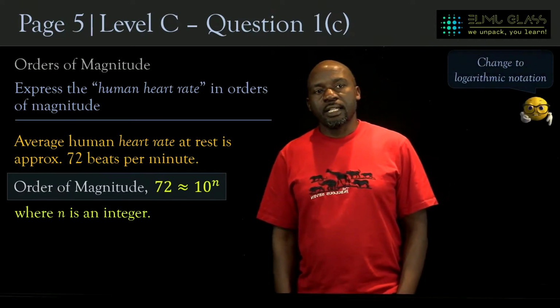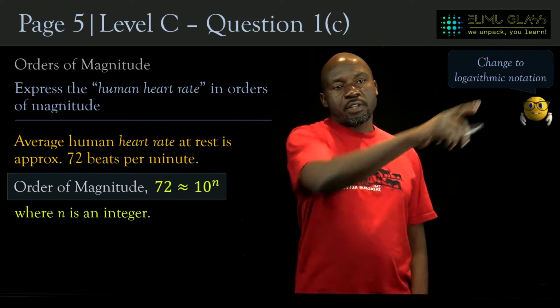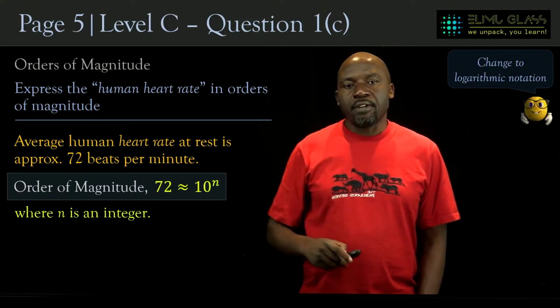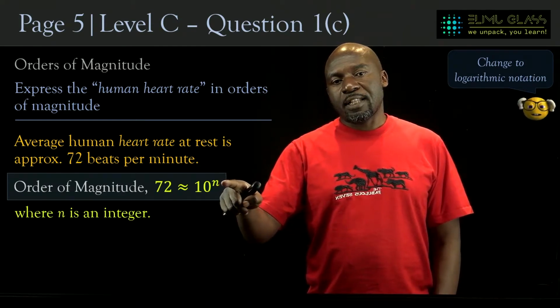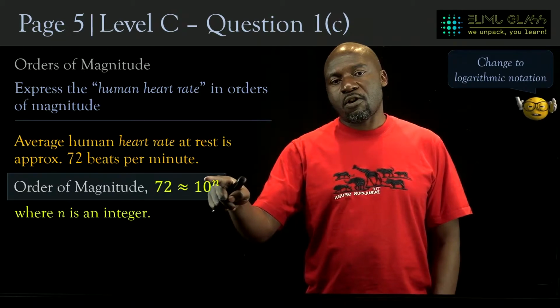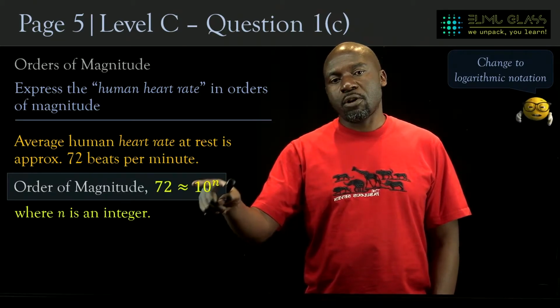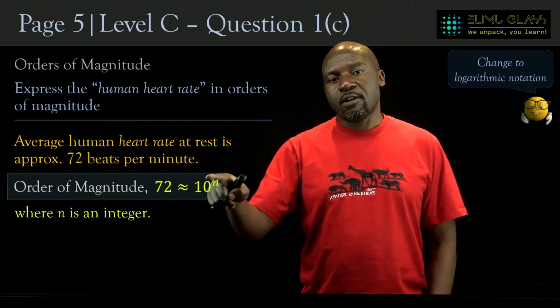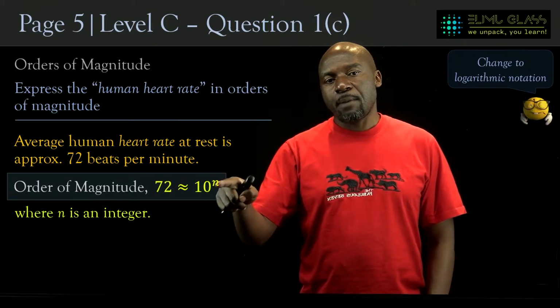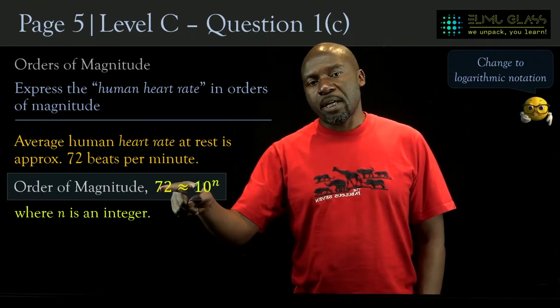Now, to do that, we need to change to logarithmic notation. I've explained this before: n is referred to as the index or the exponent of 10, and 10 is usually called a base. So n is the exponent of 10, but the same n is called the logarithm of the number 72.